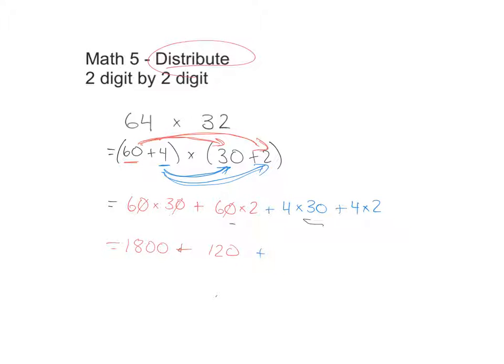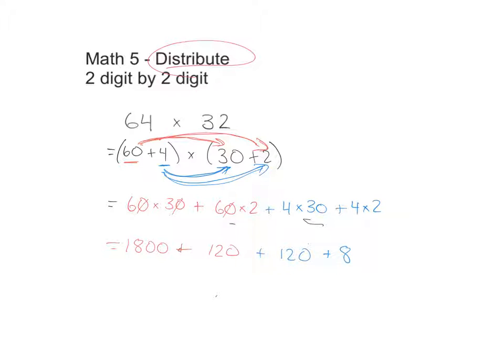Well, 4 times 3 is 12. Don't forget that 0 we left out. The last one here is 4 times 2, which is 8.